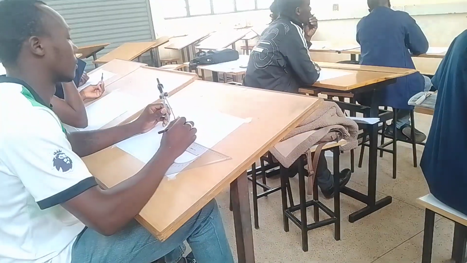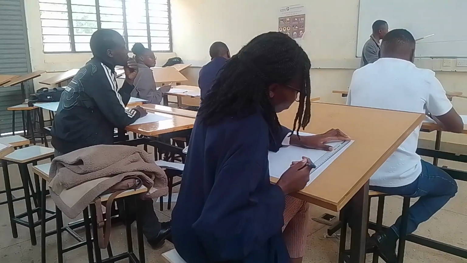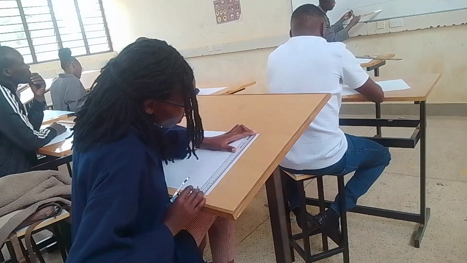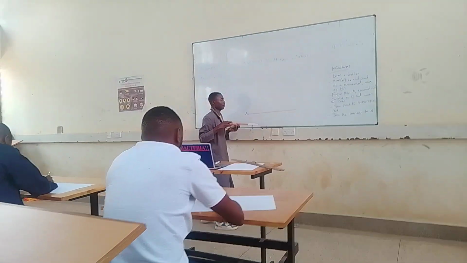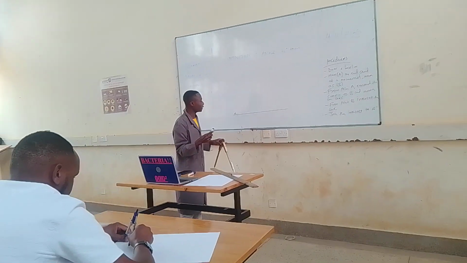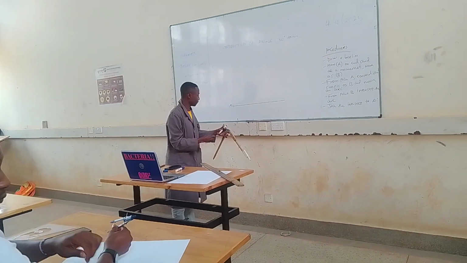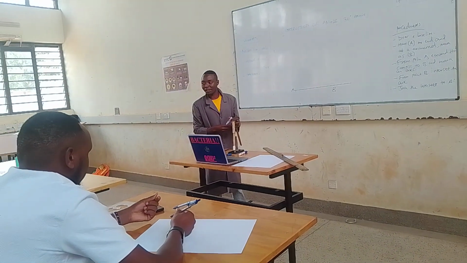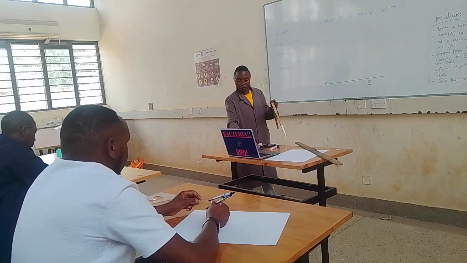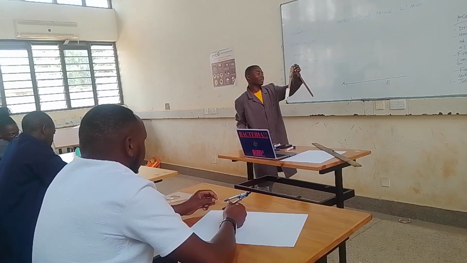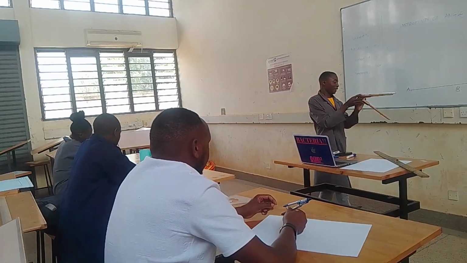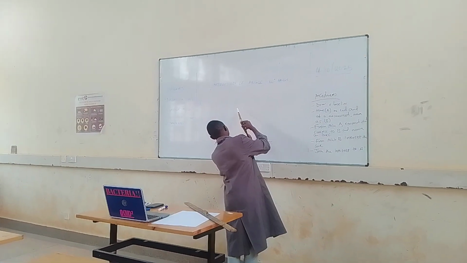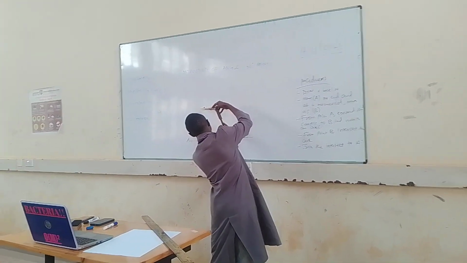And then you place it at point A, cut the baseline, and mark it as point B. After marking point B, without adjusting your compass, come again to point B and make an arc at the top side of the baseline.